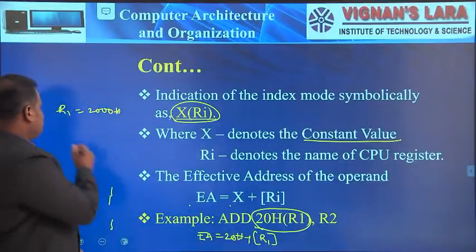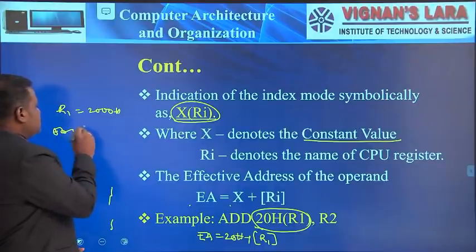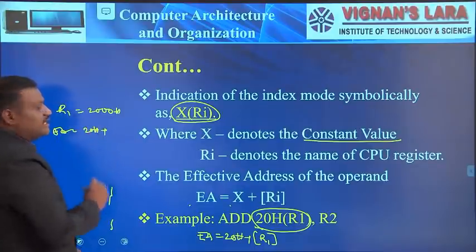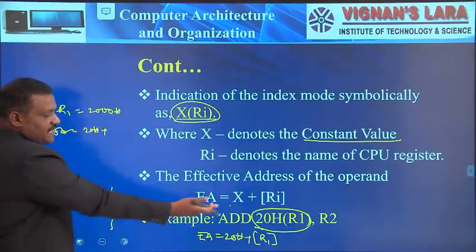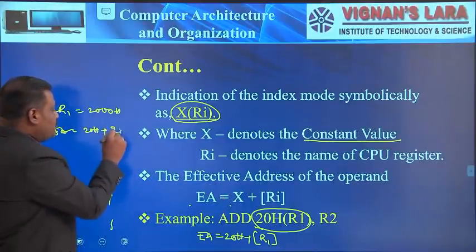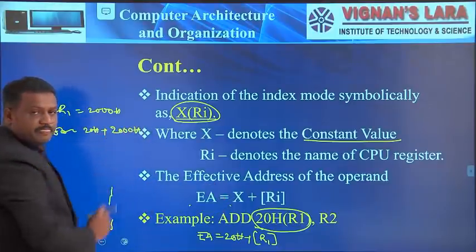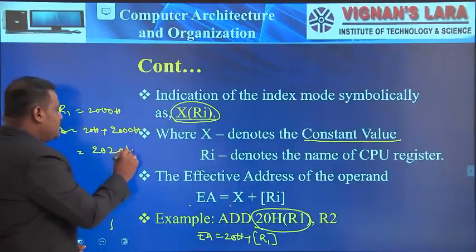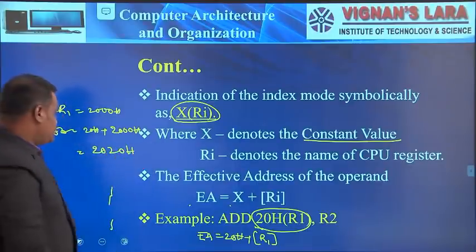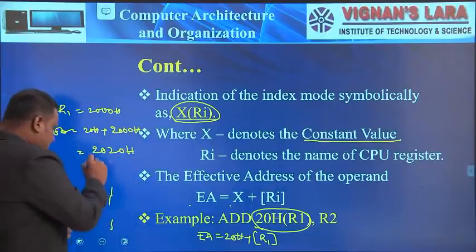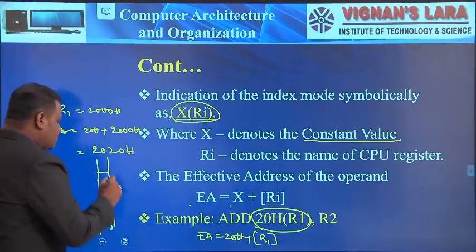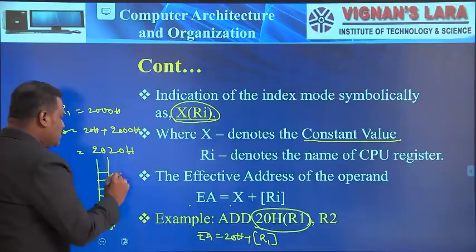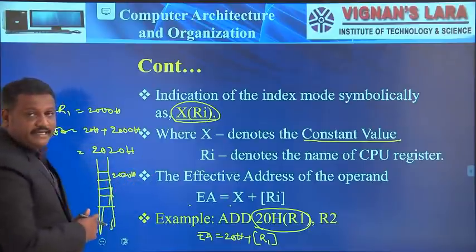Then the effective address is equal to the displacement value, that is 20H, plus the content of register R1, which is 2000H. Then the final effective address is equal to 2020H. That means in order to get my data, I go and refer to the memory location whose address is 2020H.